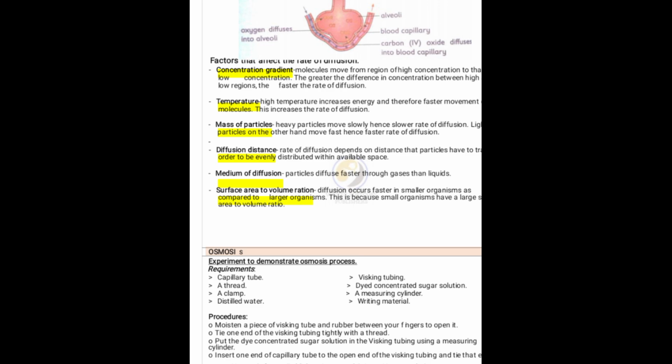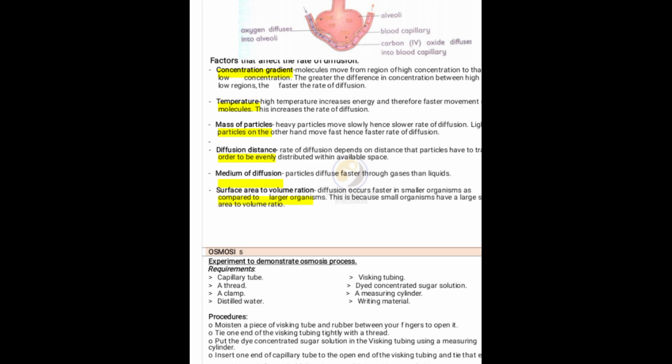Diffusion also helps in absorption of mineral salts from the soil. The root hairs have root hair cells that take up mineral salts from the soil by diffusion. And this process only takes place when the concentration of mineral salts in the soil is higher than in the root hairs.